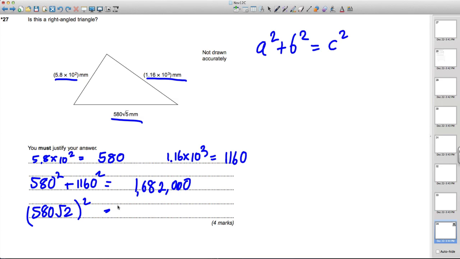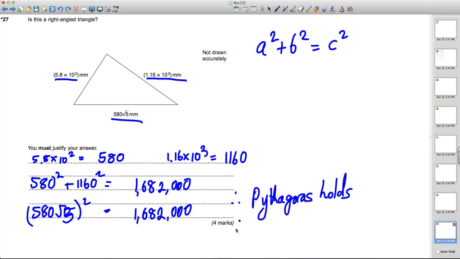Sorry, it's root 5. My apologies, this should be root 5. Tap that in your calculator. And again, you get 1,682,000. Therefore, Pythagoras holds. Therefore, right angled.